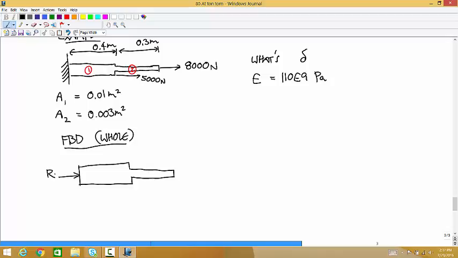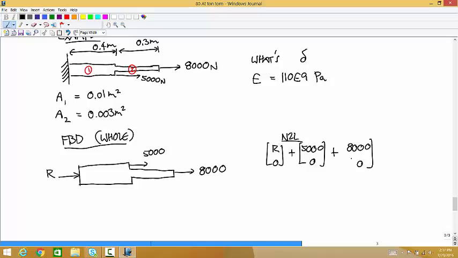I'll call that R. Then we have this horizontal force of 5,000 and another horizontal force of 8,000. Newton's second law says R plus 5,000 plus 8,000 is equal to 0. So R is equal to negative 13,000.